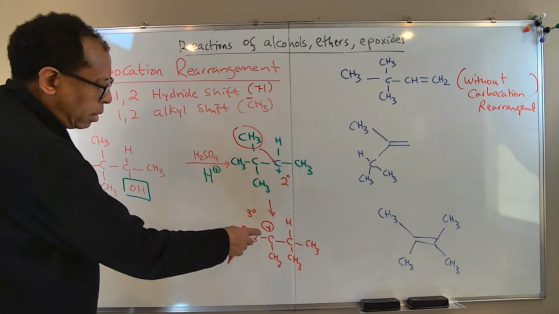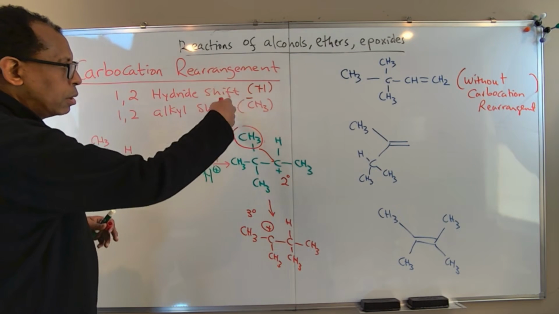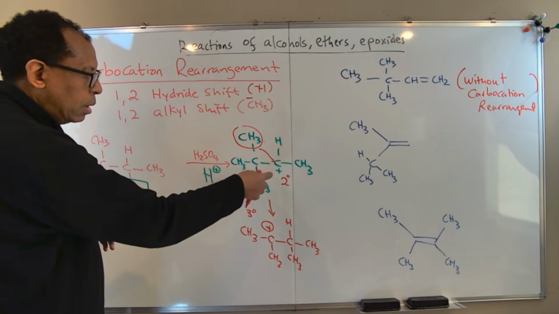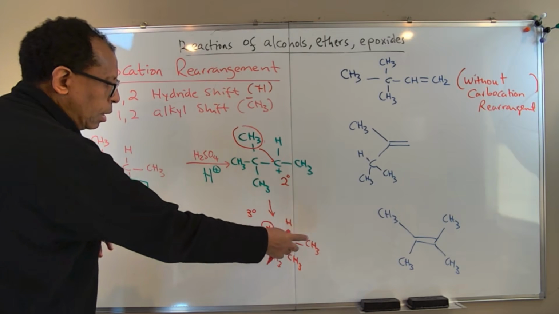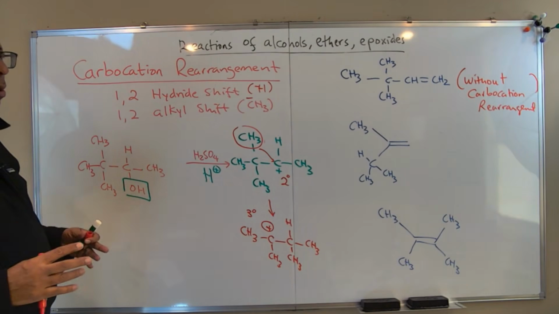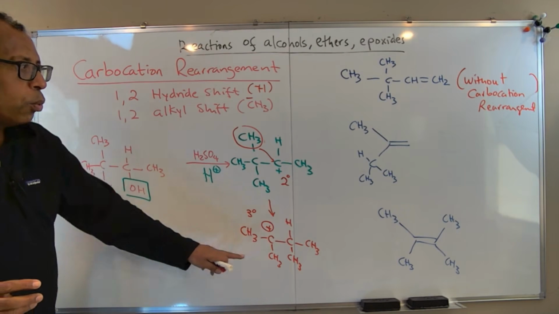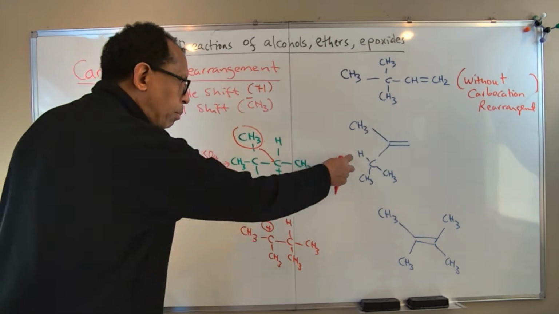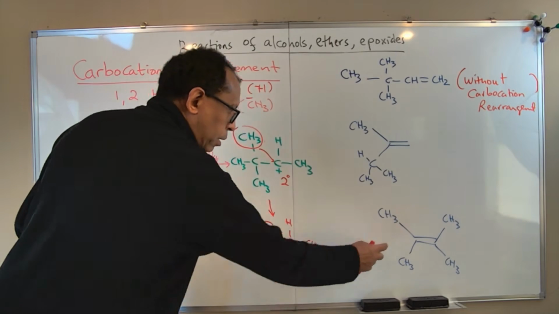Then when it shifts here, it leaves, because it goes with its pair of electrons, this neutralizes, and now you have a carbocation which is tertiary, which is more stable. This is why you would get this product and that product.